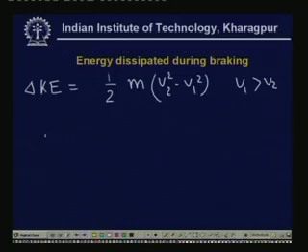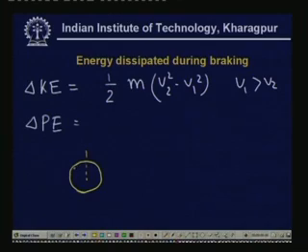Now, sometimes we have the loss in potential energy as well. That happens in various cases. For example, let us consider this case. Let us say there is a pulley over here and a mass m is moving down, and here gravity is acting.